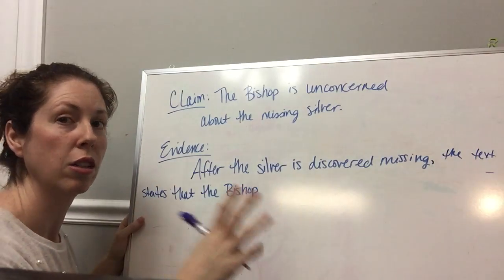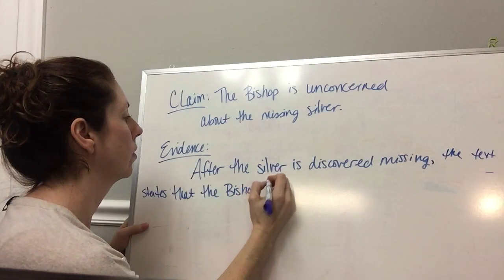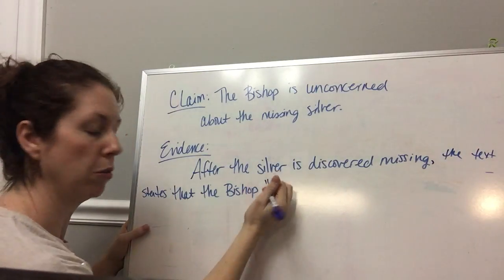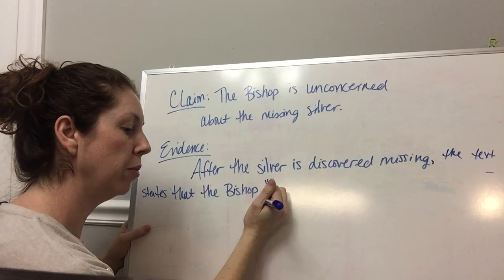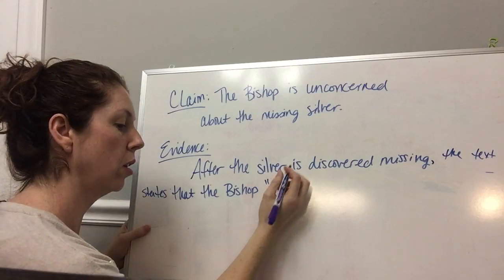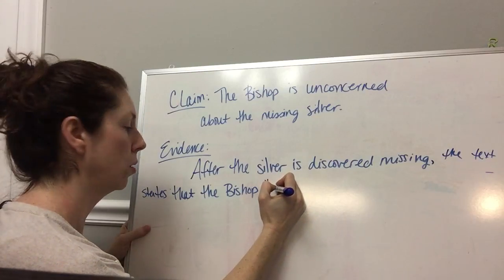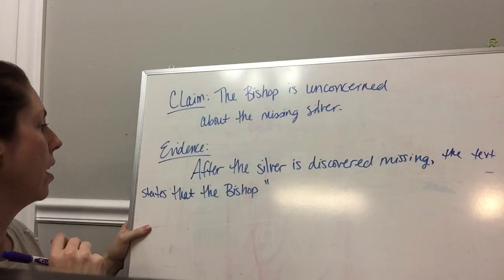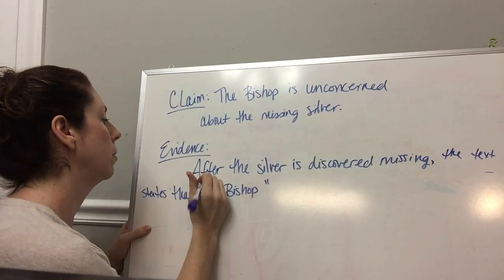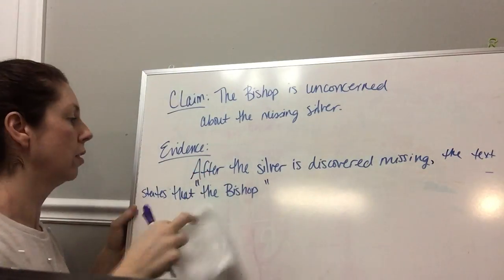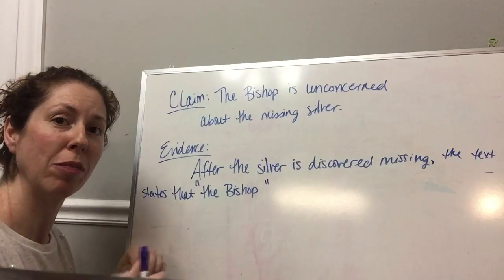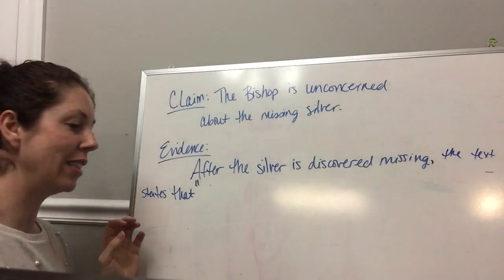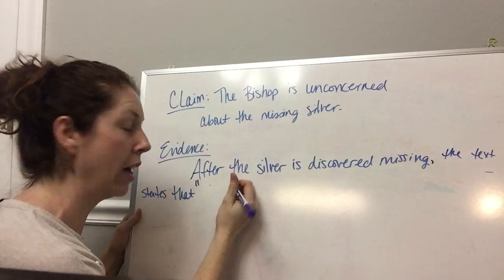Now I'm going to start quoting. So I'm going to have my comma, that the bishop, or my quotation mark, sorry, not my comma. I've got to go back. The text states that, oh, I want to put my quote right here because my quote's coming right from there. See, even me, I have to go back and I have to make sure I'm doing it right. I want to make sure I do it right. The text states that, I'm going to quote line 25.